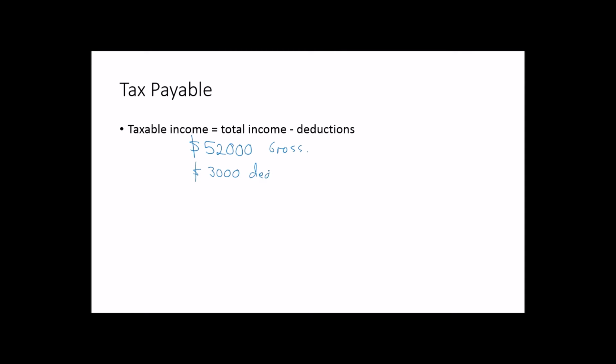Now, you can't just make these up, you have to justify them and have evidence for them, or you can get in bother. And so what this will mean is just that his taxable income is just going to be $52,000, sorry, I'm getting a bit scribbly here, minus $3,000, which equals $49,000.